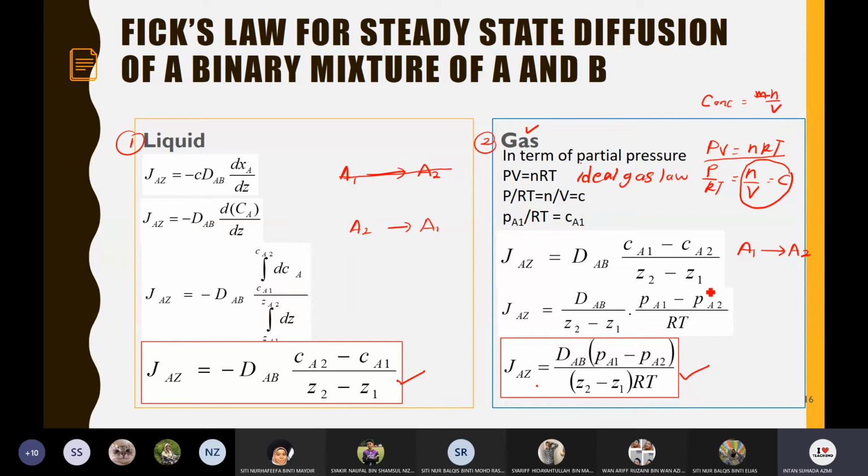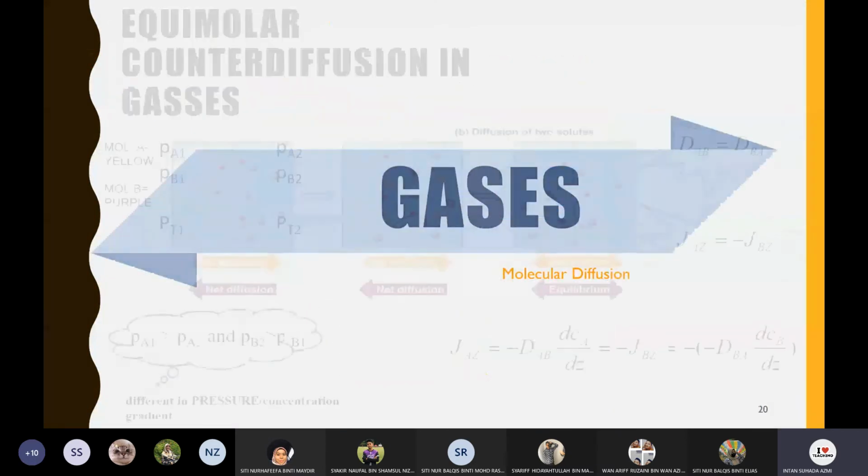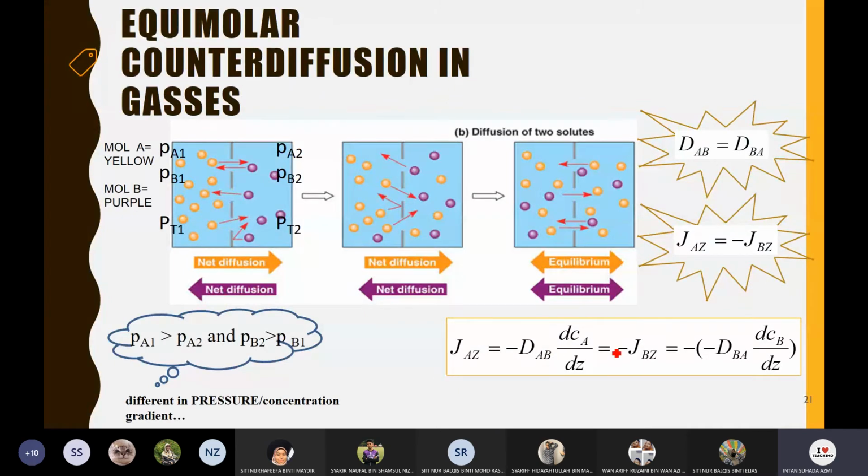The negative is just to say the difference of direction. This one is from A2 to A1, so if we do A1 to A2, it will become negative. Later in equimolar, I will explain more to you about that. Yes, we will have a negative sign.